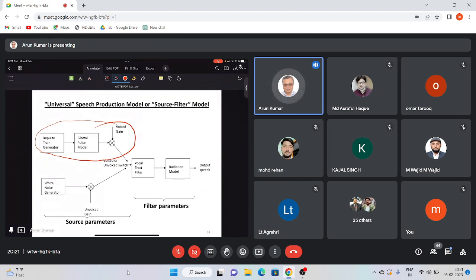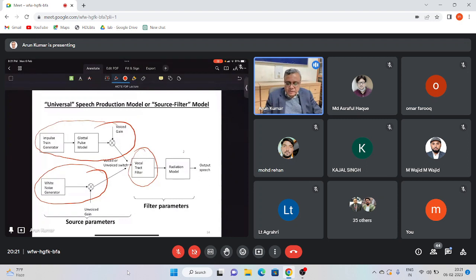And you have two paths. One is for voiced speech and the other is for unvoiced speech generation. The vocal tract creates resonances, F1, F2, F3, and then you have a high-pass filter, the output of which is the speech signal. Now, this is a very basic model.